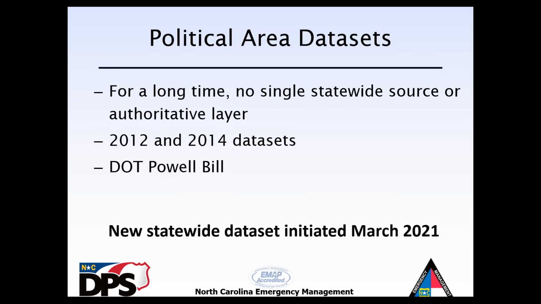Some people would use data from the DOT PAL bill. However, not all municipalities tend to participate in that, so it was considered lacking in some areas. But in summary, there was a lot of data all over the place coming from different sources, and those data were not always up to date. So you had these data mismatches at every level.